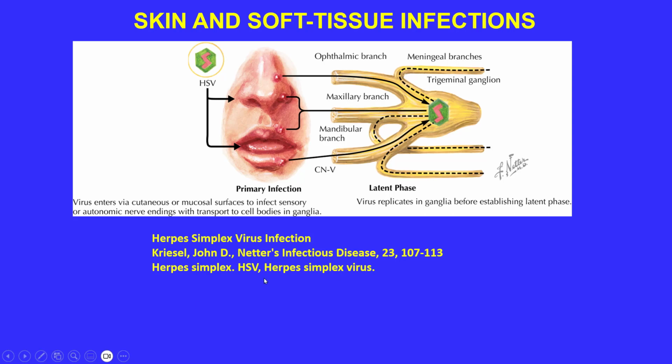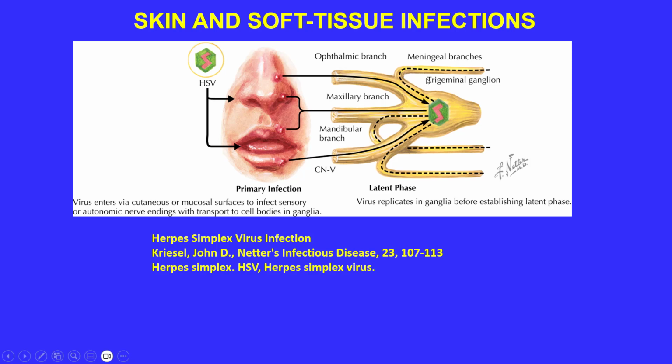Then we talk about herpes simplex, and where's the virus? The virus will hide. Okay? Virus enters via cutaneous or mucous surfaces, and it will infect sensory or autonomic nerve endings with transport to the cell bodies in the ganglion. So what's going to happen is, you can see this is all going to come in right down where the trigeminal ganglion is.